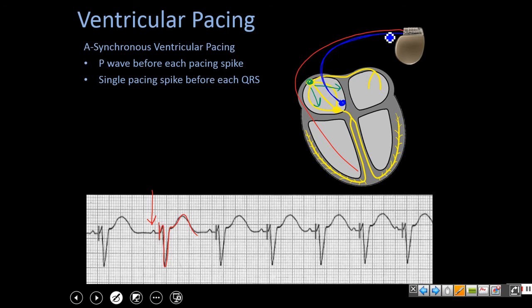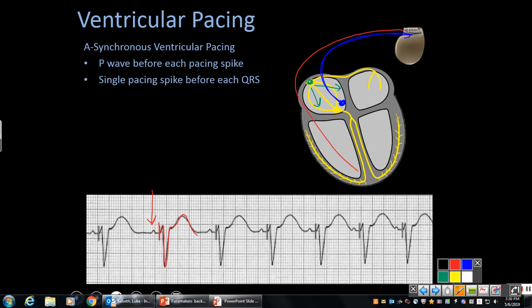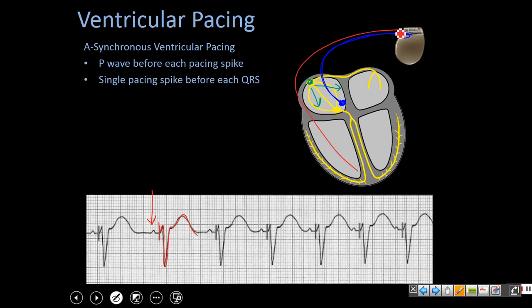It senses that and sends that information back to the pacemaker. And then the pacemaker says, okay, the SA node initiated depolarization, pace the ventricles. And so the ventricles pace, and you have a P wave that's generated by the SA node, and then you have a ventricular pacing spike that follows that produces a wide QRS complex.